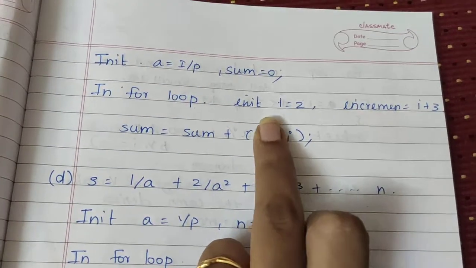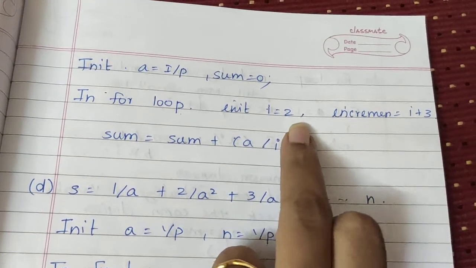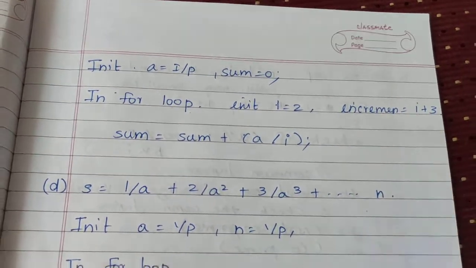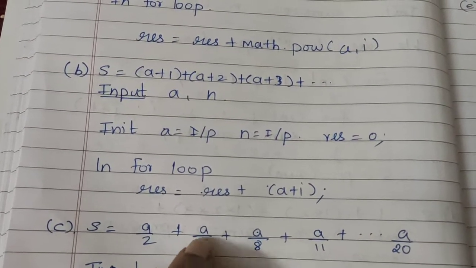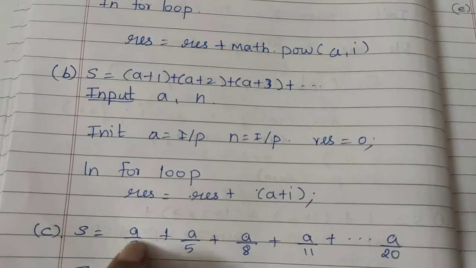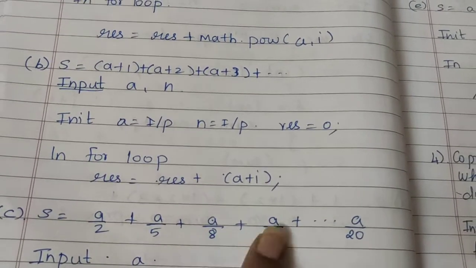Then in the loop you initialize I, or whatever variable you use, with 2, and increment it by 3. The reason is 5 minus 2 is 3, 8 minus 5 is 3, 11 minus 8 is 3. So it keeps increasing by 3.